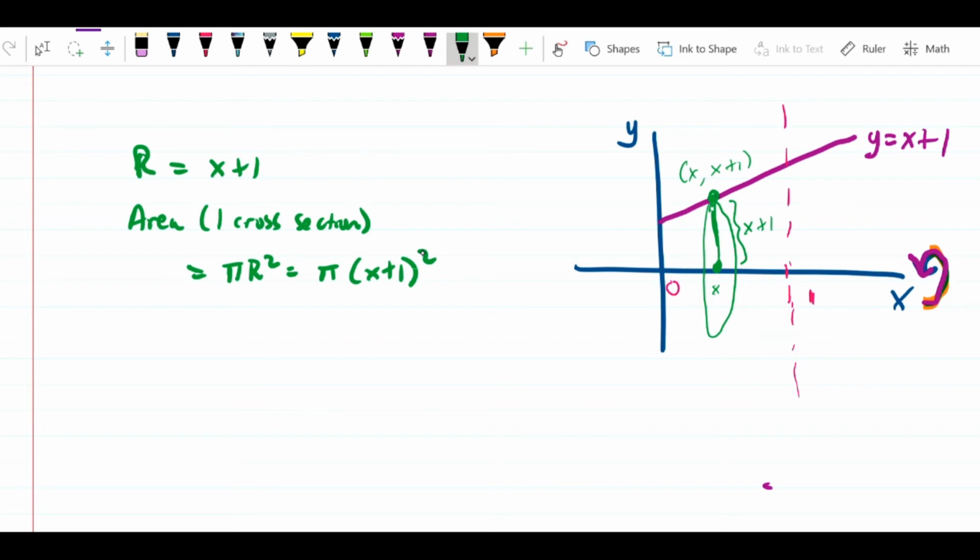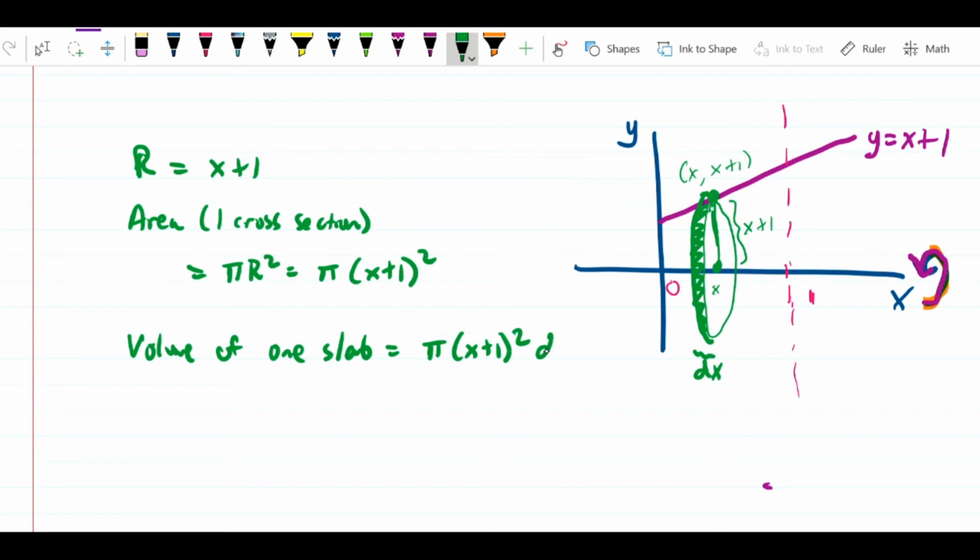So we now know the area of one cross-section. Let's make it a slab, though. I'm giving it a little bit of thickness that we call dx. So the volume of one slab is equal to pi times (x plus 1) squared dx.